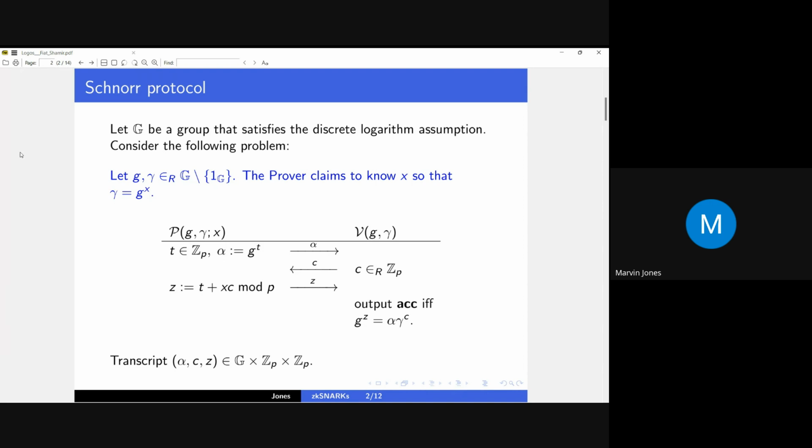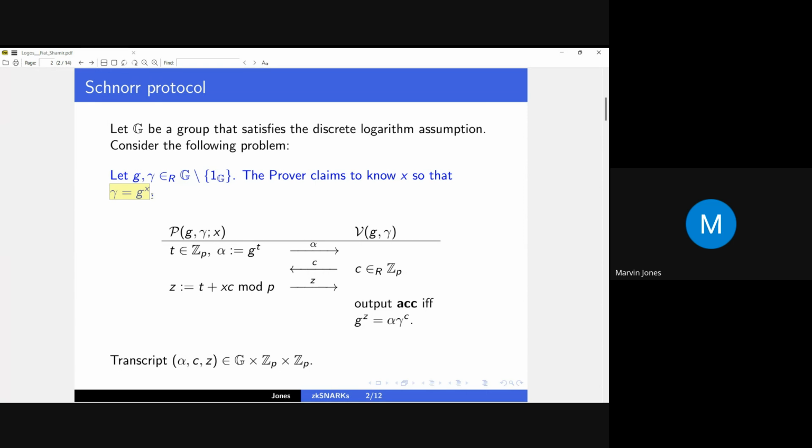What the prover wants to do is prove to the verifier that they know the discrete log of gamma, where gamma is equal to g to the x. So g is known up front by both parties, and gamma is known by both parties, because the prover is claiming to know this x.